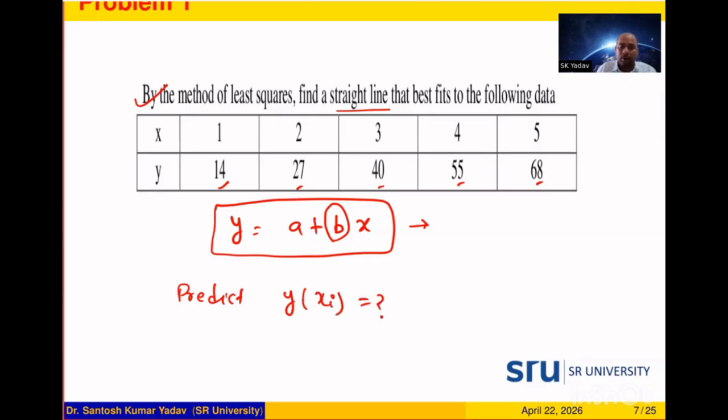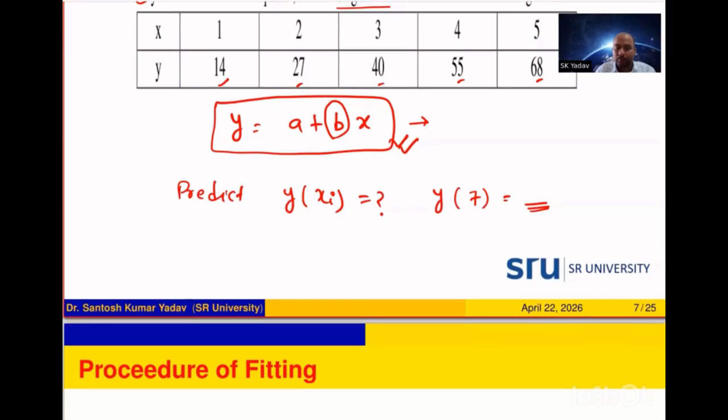Let us suppose I want the value of y at x equal to, let's say, 7. Then I can find this value by this line once I have obtained the straight line that best fits this data. So let's see the calculation here.